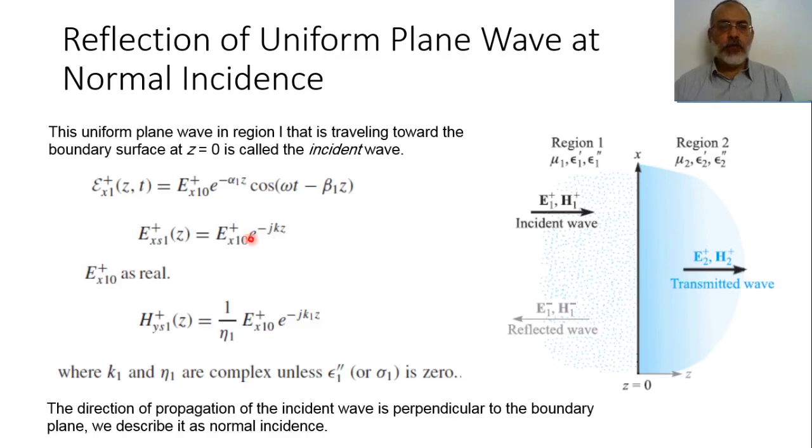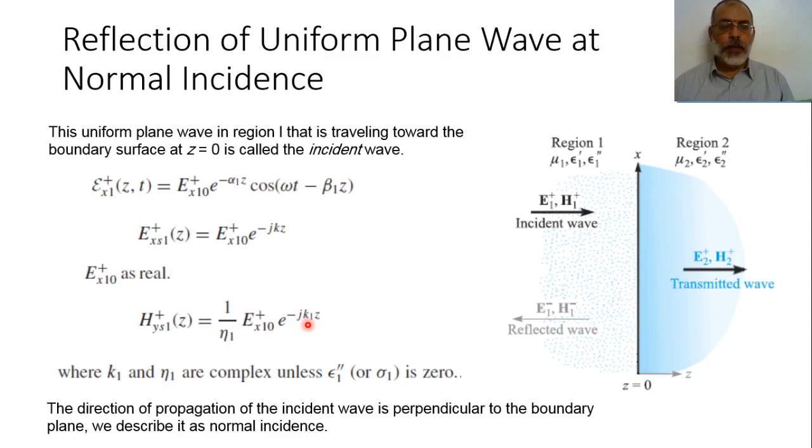In a similar way, we can find the magnetic field of the incident field in terms of the incident electric field. Hy+ would be Ex+ over eta 1, where eta 1 is the intrinsic impedance of medium 1, multiplied by the complex propagation factor e to the power minus j k1 z, where k1 is beta 1 minus j alpha 1.